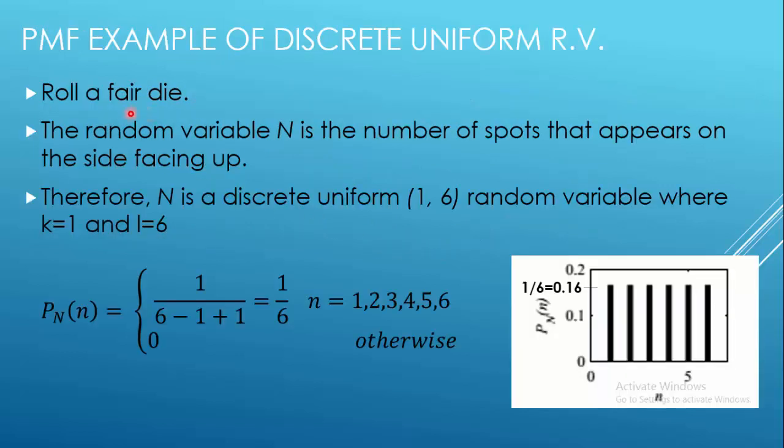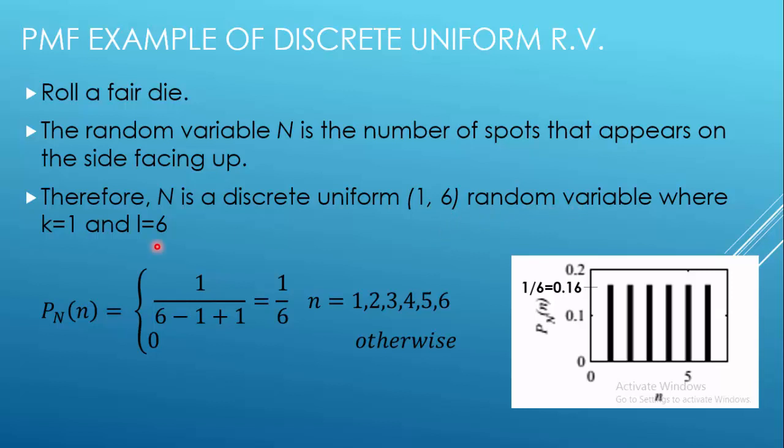For example, a roll of a fair die is an example of a uniform distribution. The random variable N is the number of spots that appear on the side of a die facing up. Therefore, N is a discrete uniform 1, 6, because the numbers can be from 1 to 6 on a die.